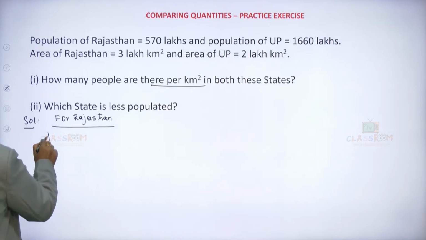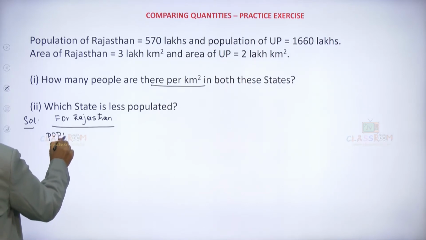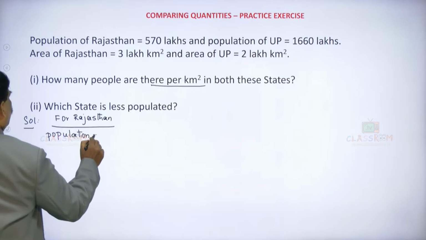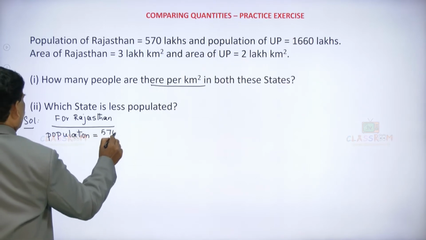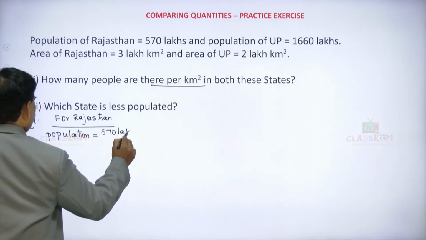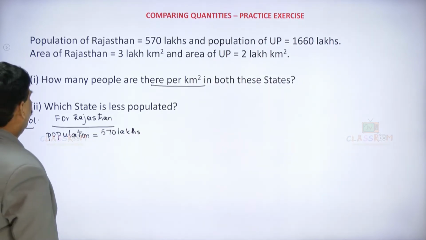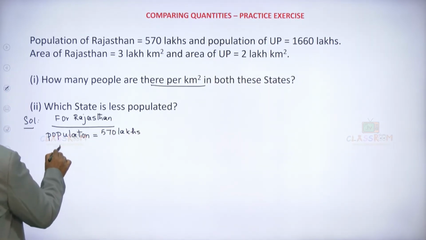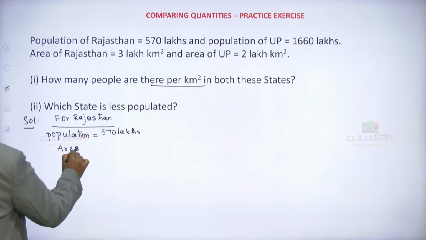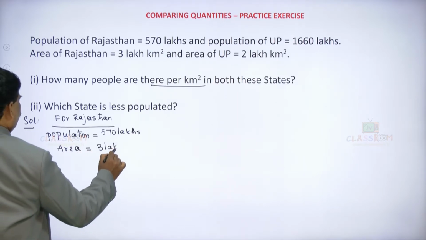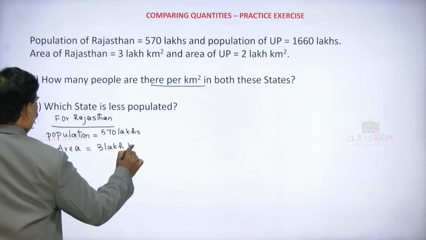Okay, for Rajasthan, what is the population? Population is 570 lakhs. What is the area of Rajasthan? Area of Rajasthan is 3 lakh kilometer square.